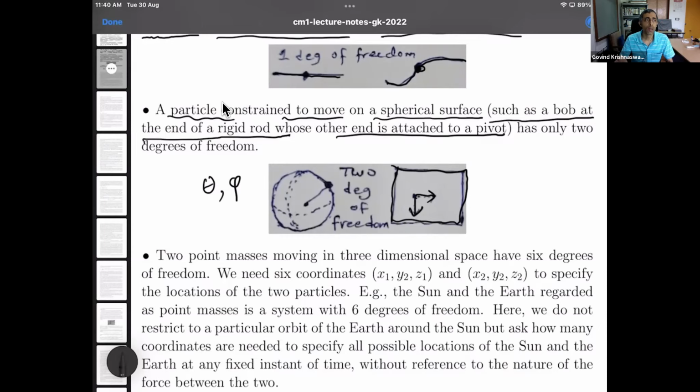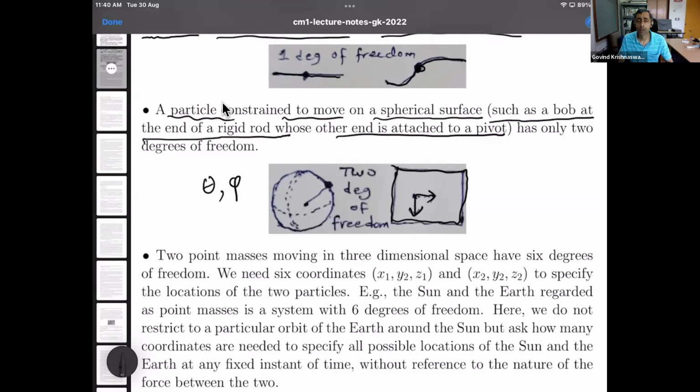We are asking about all possible places where the particle can be, not just 1 or 2 which you observe. How many coordinates do you need to specify all of them? That is the number of degrees of freedom. So I have a region of possible places and I am trying to find the dimension of that space. Indeed, very much so. Yeah. Okay, so the map needs to be continuous, right?